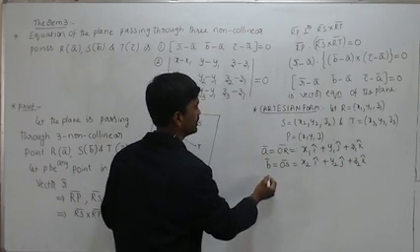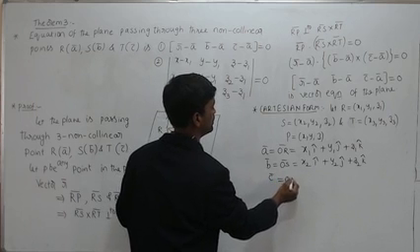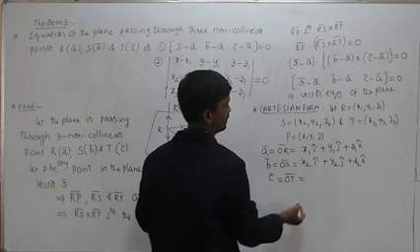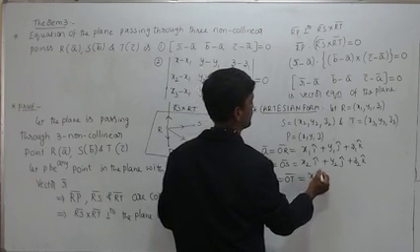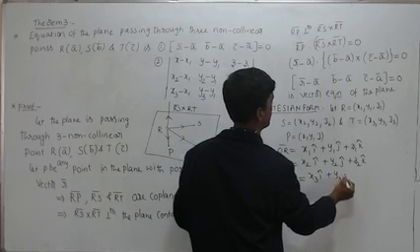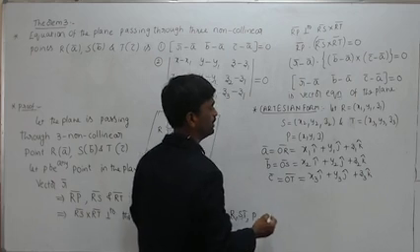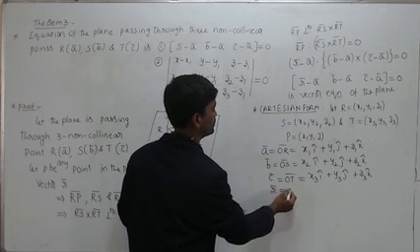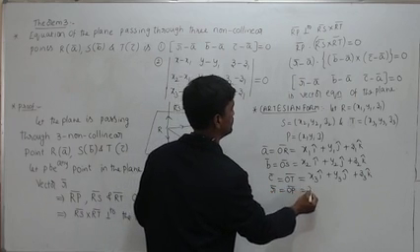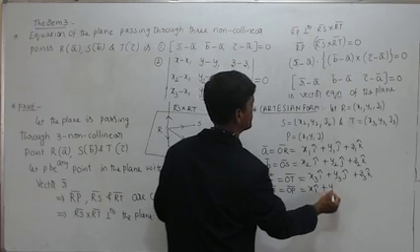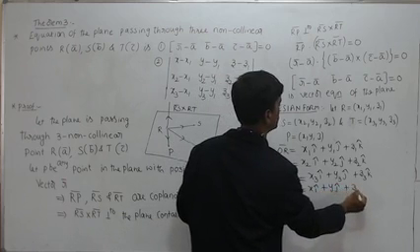Next, C bar is equal to OT bar, which is x3 i cap plus y3 j cap plus z3 k cap. And the vector R bar, the position vector of P, is equal to x i cap plus y j cap plus z k cap.